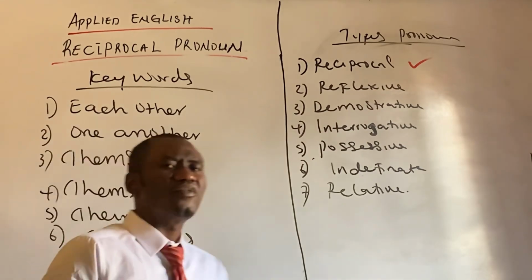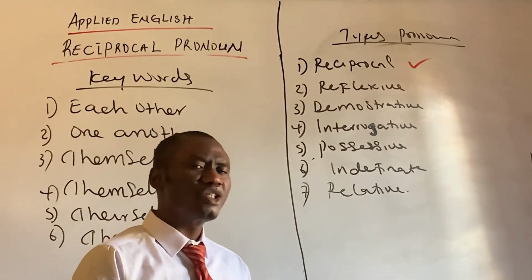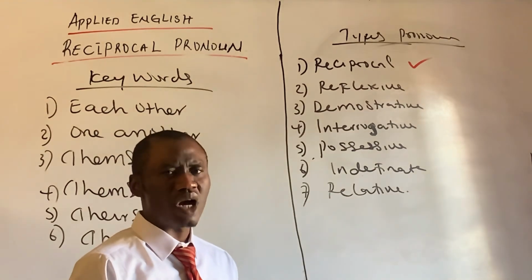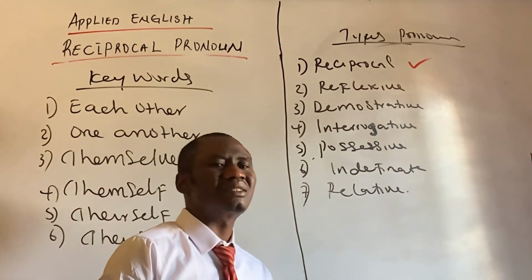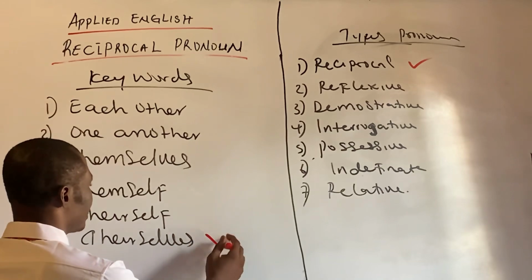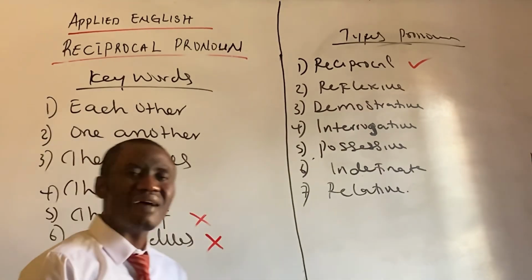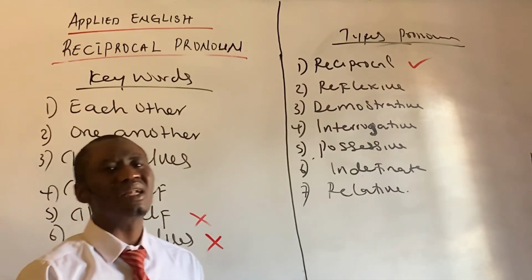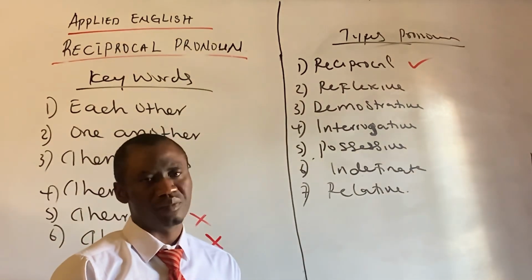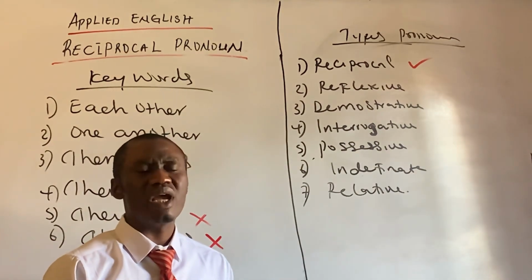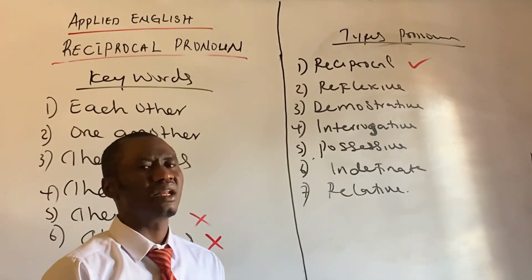Now, if you are writing and you want to make use of reciprocal pronoun, you should understand that their self is not a standard way of writing in English language.